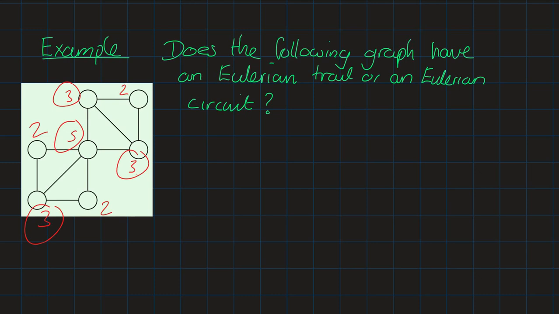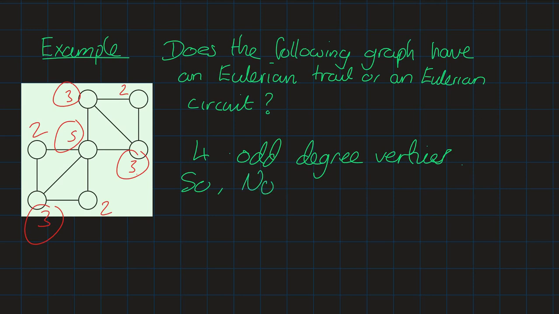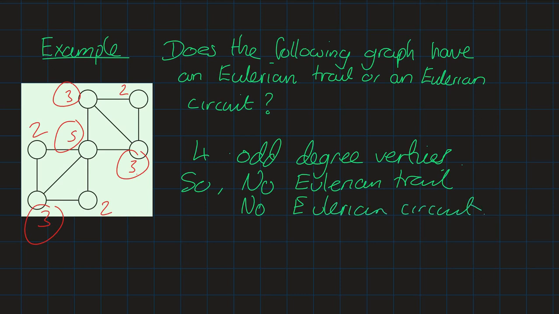It has 4 odd degree vertices. So by the above theorem, there is no Eulerian trail and there is no Eulerian circuit.